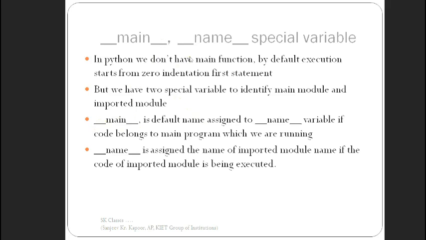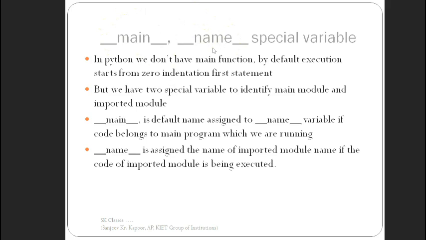So what we need to understand here is that we have two variables, this name, in which we can give any module name. If we are currently executing a specific file, and the whole code is written in that file only, then this name variable will be assigned a value of main.